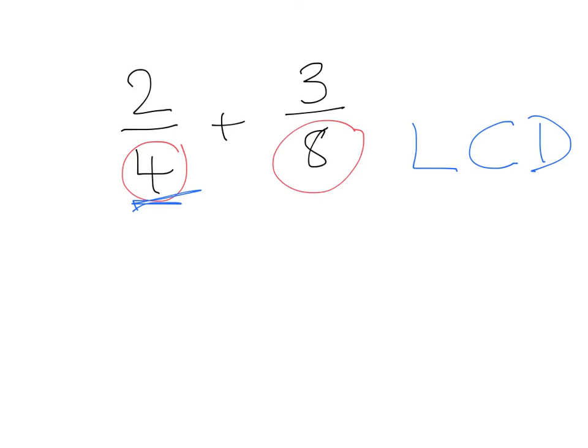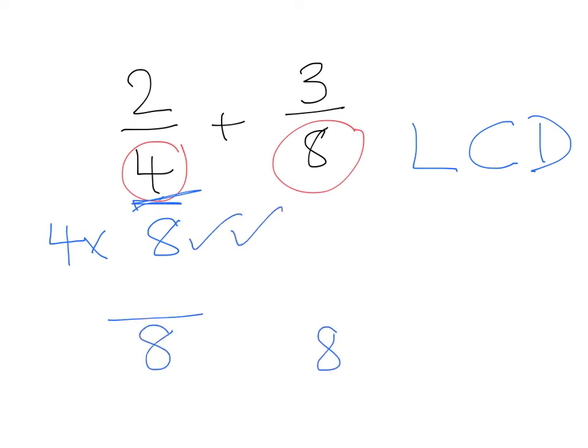Multiples of 4. Is 4 the lowest common denominator? Well, it's low, but it's not common because 8 doesn't go into 4. Next multiple of 4 is 8. Hello! We know that 4 goes into 8, and we know that 8 goes into 8. We have found our lowest common denominator.